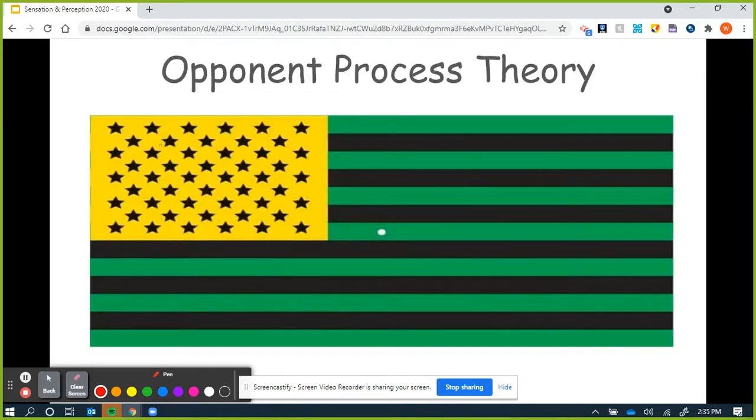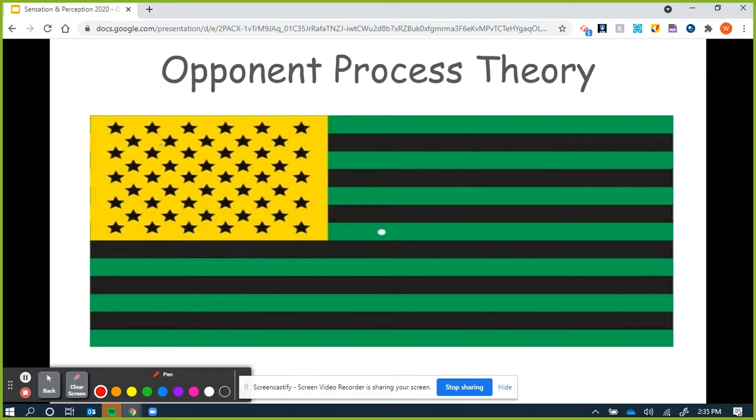Opponent process theory helps explain afterimages. So what happens is when one color fires for a while, it gets tired. And so if it's firing for a while, and then you look away from it, what is actually going to happen is that color is going to stop firing, and the opponent color is going to fire instead, so that the color can recharge.